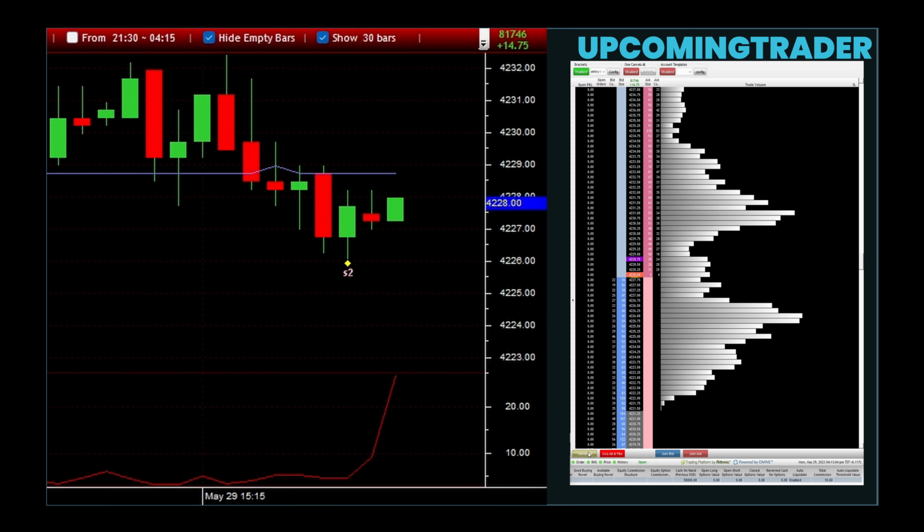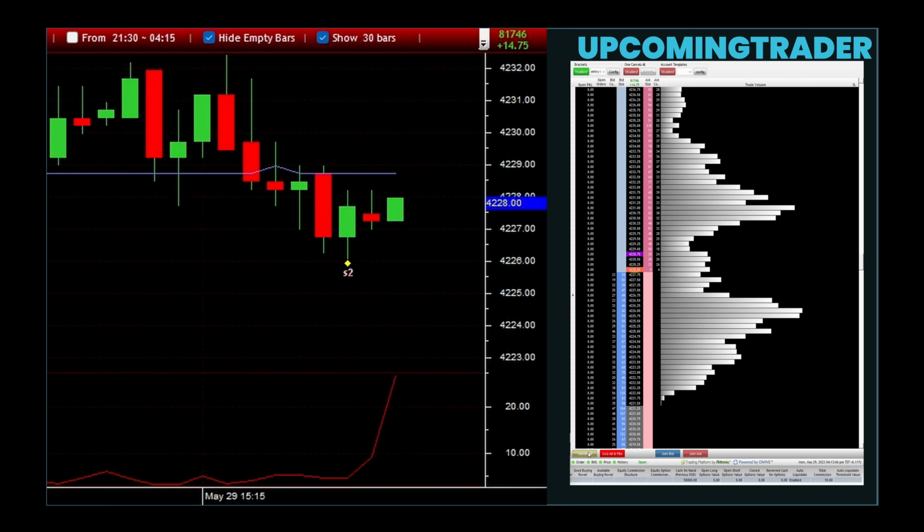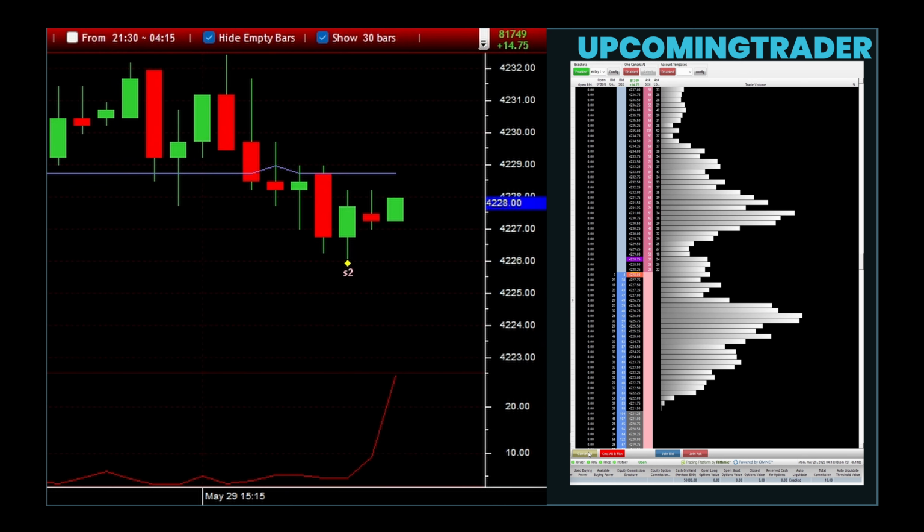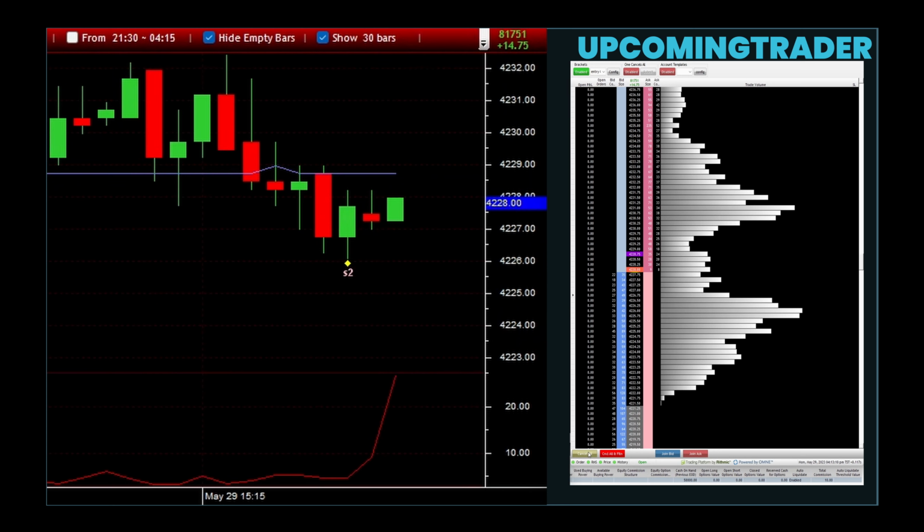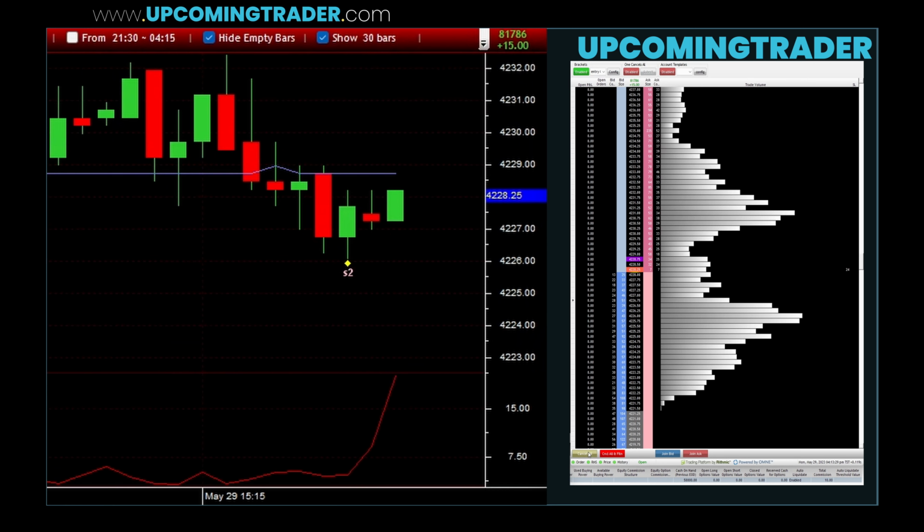TPO charts can also develop a balance or excess pattern. A balanced TPO profile, similar to a bell curve, indicates equilibrium where both buyers and sellers are agreeing on the price. In contrast, an excess pattern is characterized by a spike or thin area in the profile, showing that price moved too quickly to attract much interest, indicating a potential reversal area.